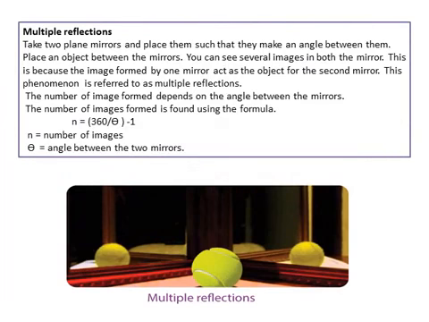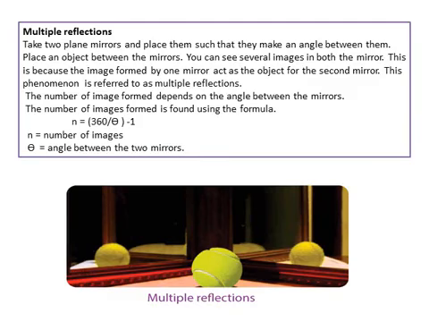Children, now let us go into the details of multiple reflection. Before going into the details, let us see what is multiple reflection. If the reflection is happening again and again, we call it multiple reflection. For reflection, we need an object and the image is seen in the mirror. So the image which is seen in the mirror becomes an object for the second mirror, and so it forms a third image.